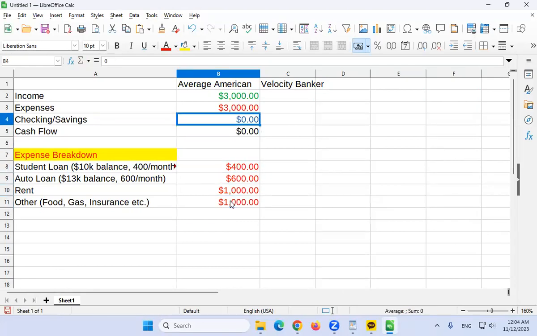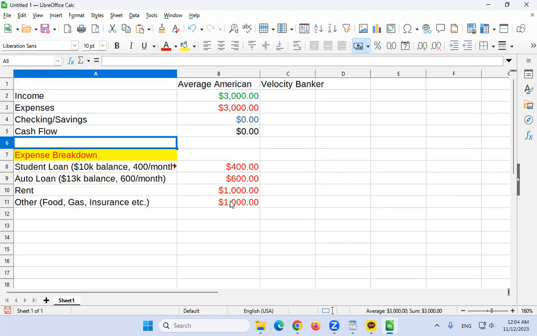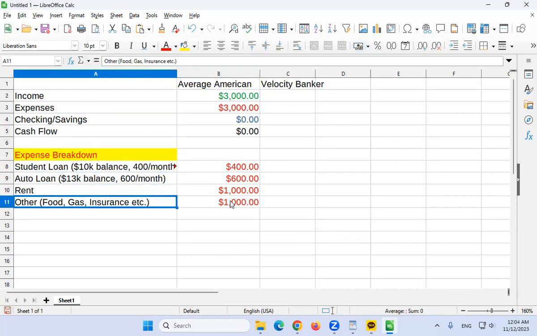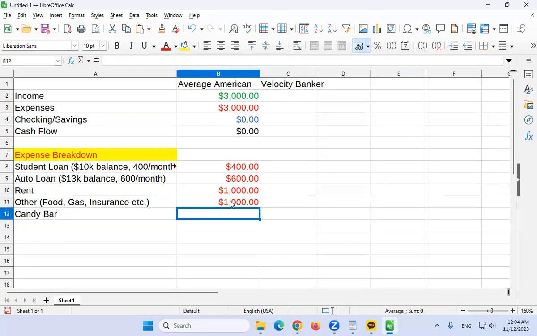Okay, so now, because we're in a zero cash flow situation where our income is exactly equal to our expenses, we're kind of screwed. Because I always think about it like this. Let's say I was at the gas station at 3 a.m. and I wanted a candy bar, and this candy bar is going to cost me an extra dollar.